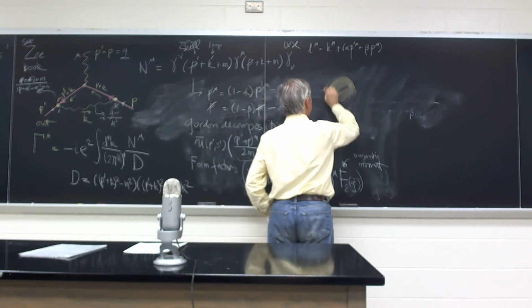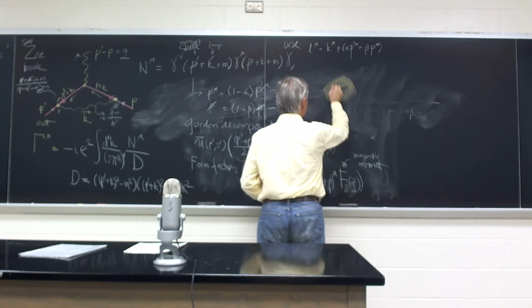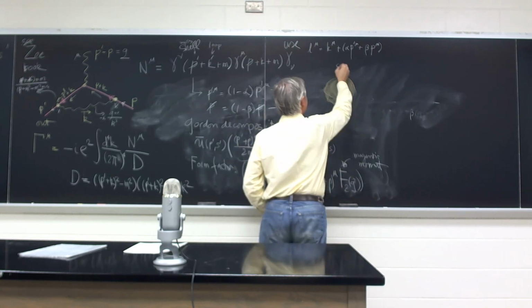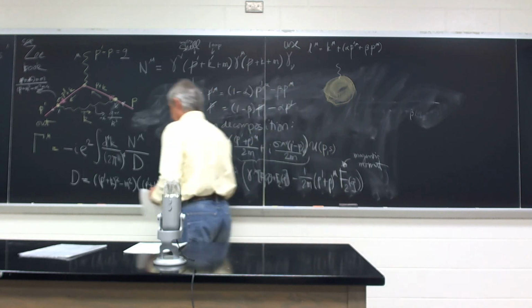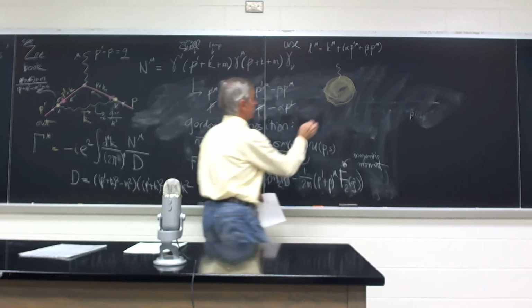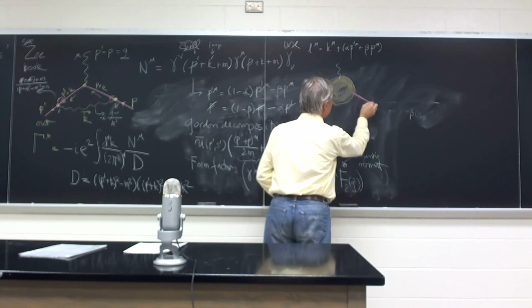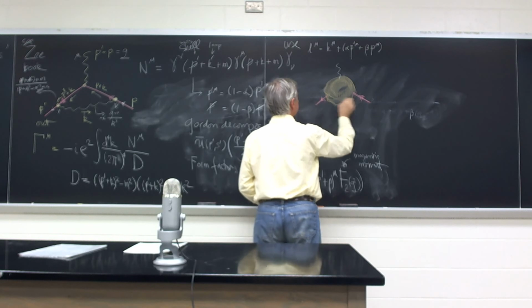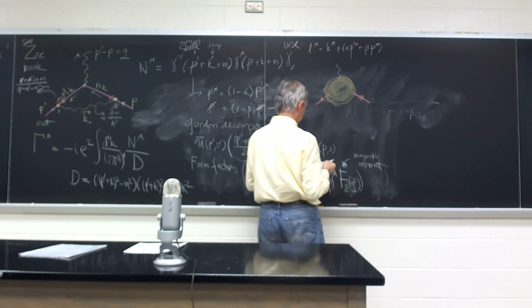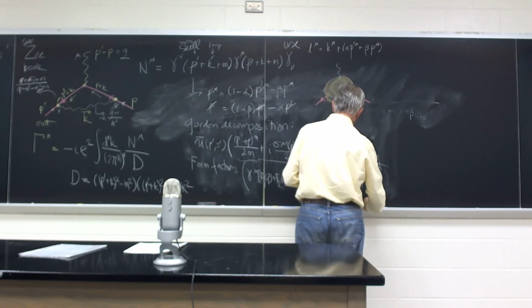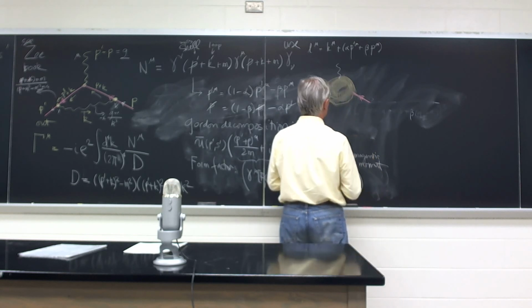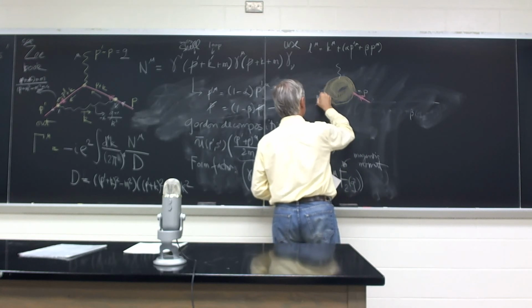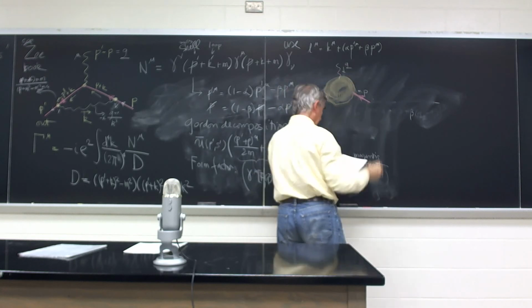You have all possible one-particle reducible corrections. So photon in, electron in, electron out, and evaluate on the mass shell. And this is P momentum in, P prime out, and momentum in.